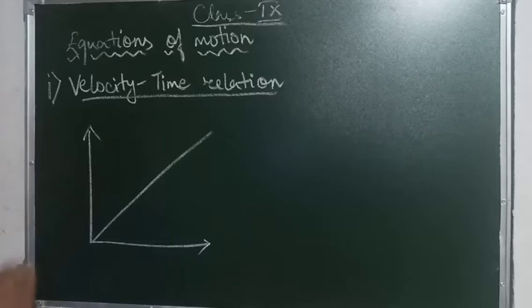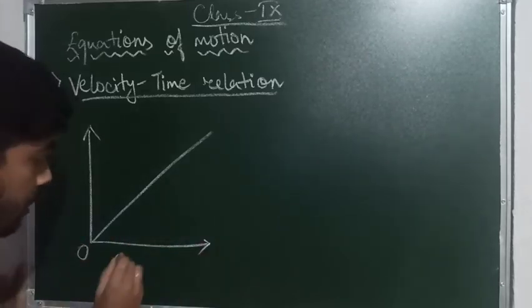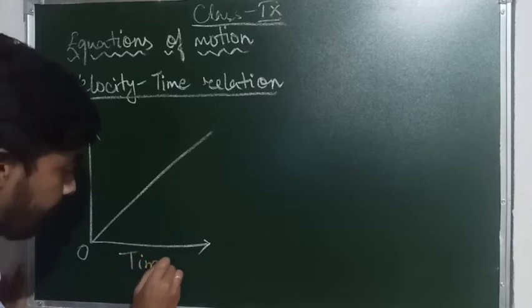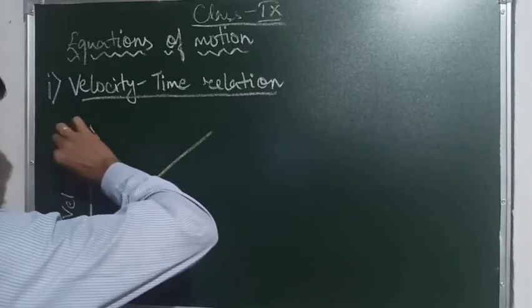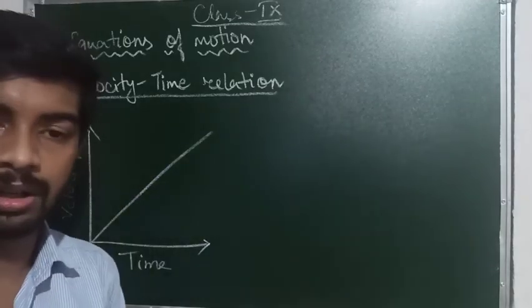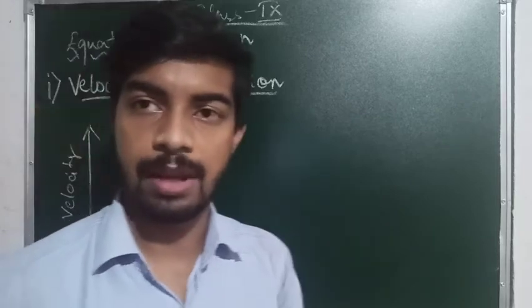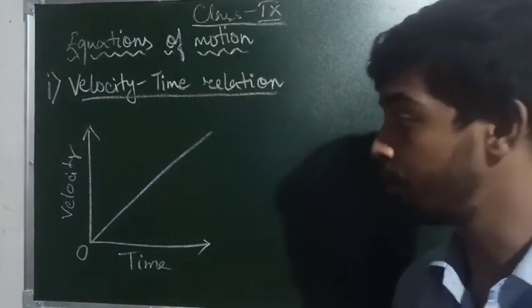Here was the origin, this was our time, and this is our velocity. So this is the velocity time graph for a uniform motion.